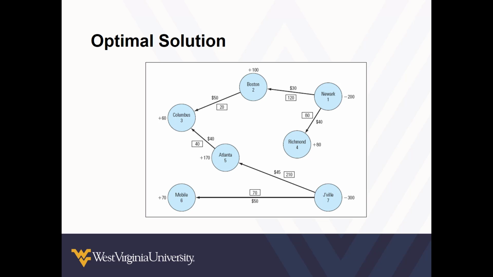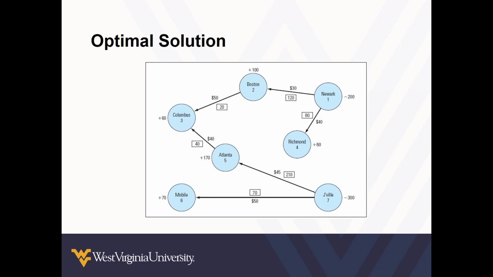And we can see that our vehicles from Newark and Jacksonville, we can see where they all went visually. We can see that 80 of them from Newark went to Richmond, which perfectly satisfied Richmond's demand for 80 of them. Then 120 went to Boston, and Boston had a demand for 100 of them, so 20 of those were passed on to Columbus.